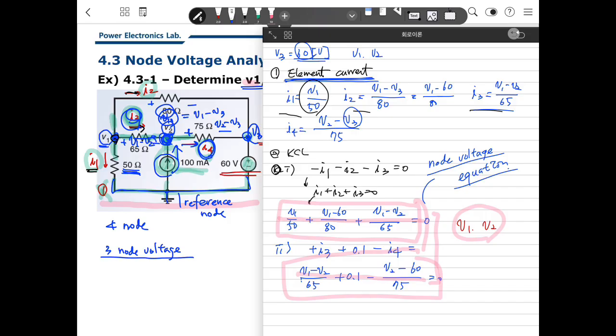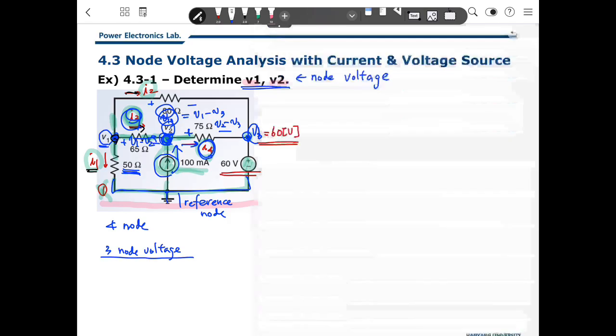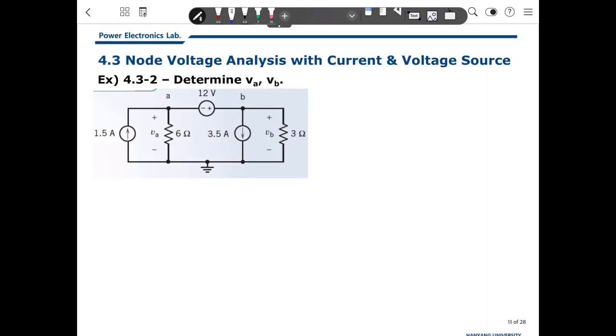Okay. The next problem is example 4.3.2. This problem asks us to define the node voltages VA and VB. As you see, we need to check what the circuit is. How many nodes are there?